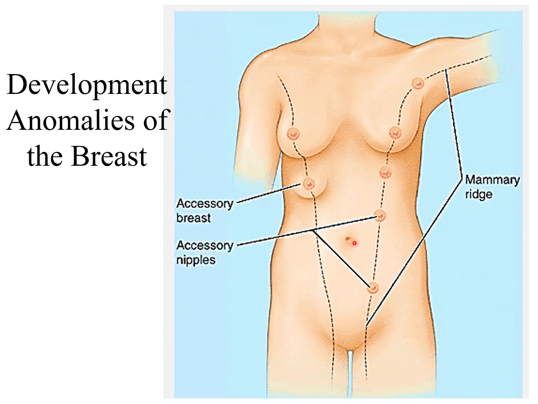As you can see in the line, there are many nipples present. These are known as accessory nipples. If this line persists, nipples can form in this area, from the axillary till the inguinal region.